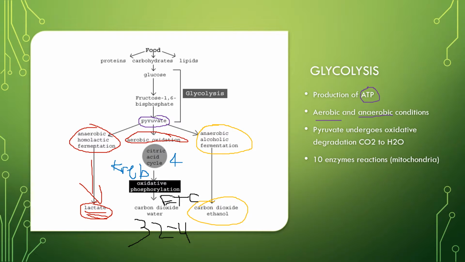Other than ATP, carbon dioxide and water are made in the aerobic oxidation pathway. And then for each fermentation cycle, it's only 2 ATP. So no new ATP is made. The ATP that was made from just glycolysis continues to be made in fermentation.